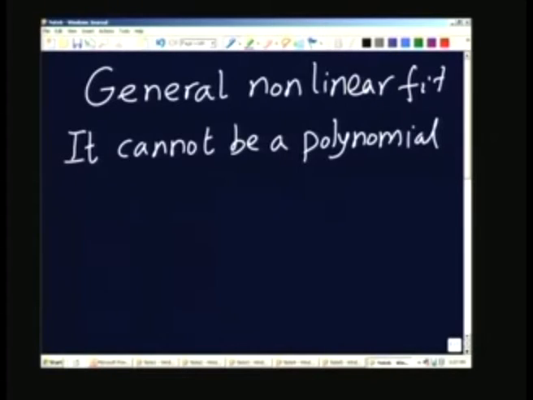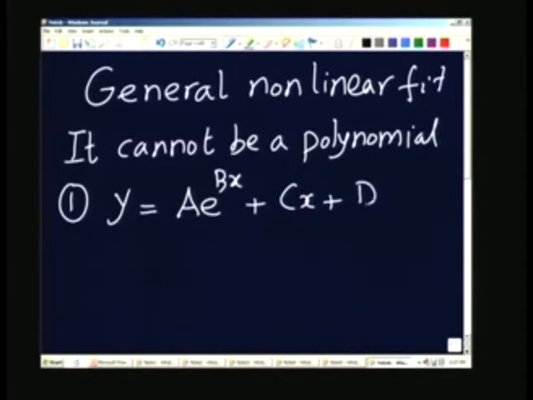Let me just give one or two simple examples. One will be, let us say, y equals a e to the power of bx plus cx plus d. This is an exponential term and this is a linear term, a combination of exponential and linear, and if I write down the normal equations it will be difficult to do that.